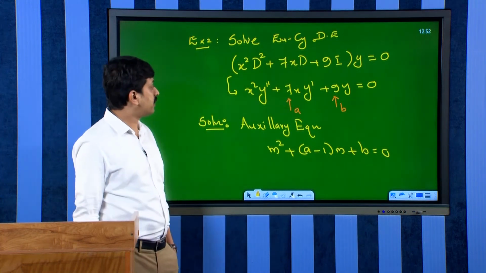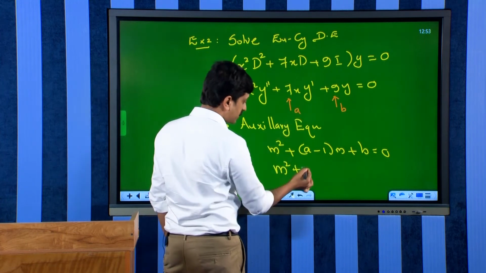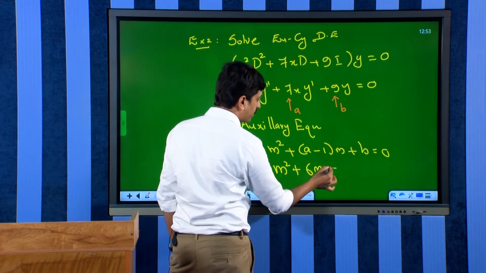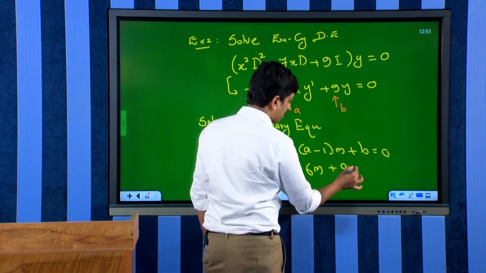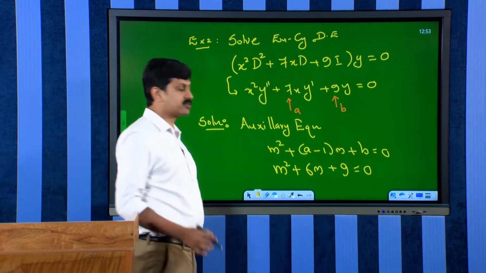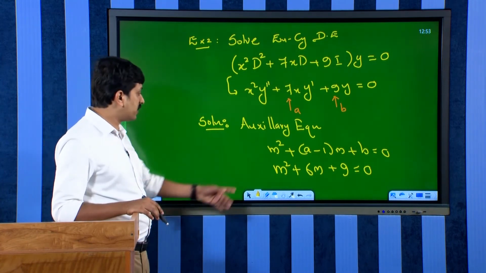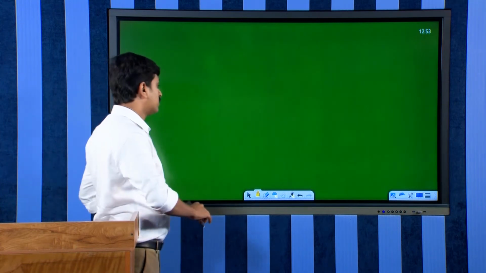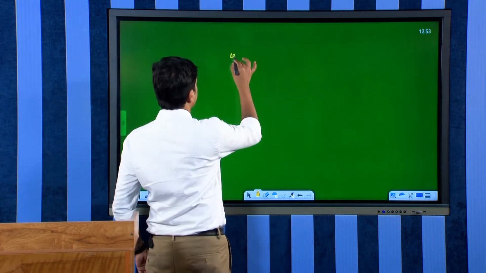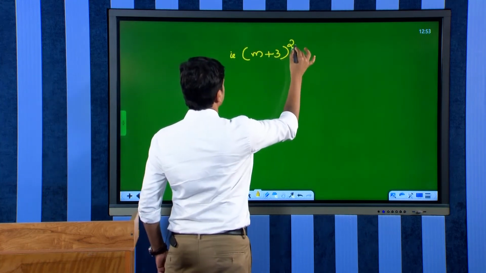With a equal to 7, we get m square plus 6 m plus 9 equal to 0, which is actually m plus 3 the whole square equal to 0.